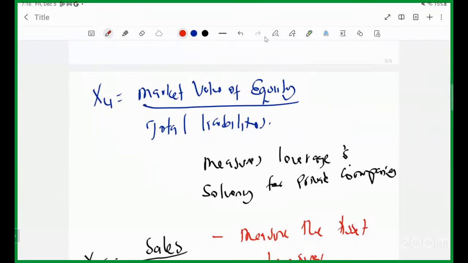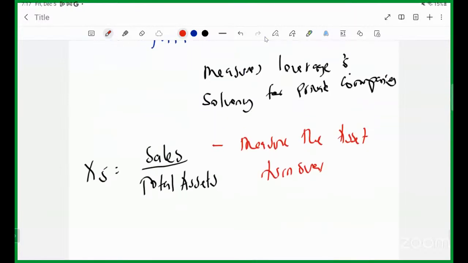But this one said, I do not want to use the old figures. I really want to know your current value versus the liabilities you have. It will tell me whether you are solvent or you are going in a ditch. You understand?